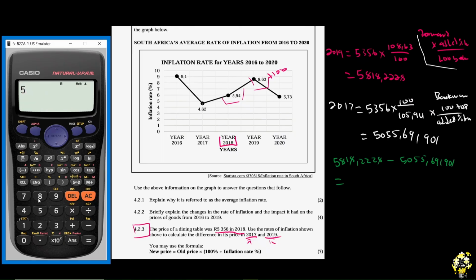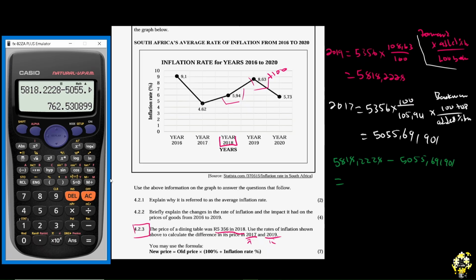The difference is 5,818.2228 subtracting 5055.691901.